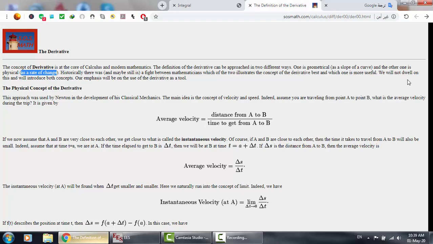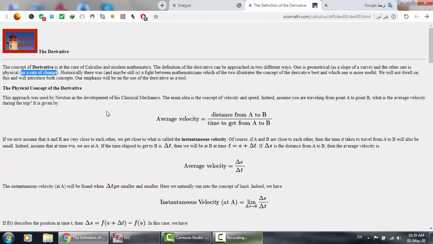So we will not dwell on this and will introduce both concepts. Our emphasis will be on the use of the derivative as a tool. This is also the main point of this video.